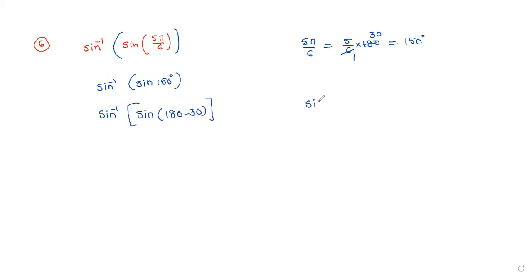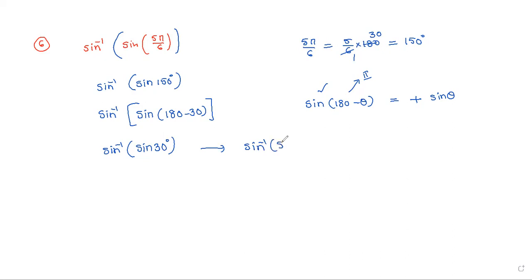Sin of 180 minus theta, which quadrant? Second quadrant. Sin is positive there. So sin of 180 minus theta is sin theta. Sin inverse of sin 30 degree. What is the formula? Sin inverse of sin theta is equal to theta. That means 30 degree is written as pi by 6. Right.